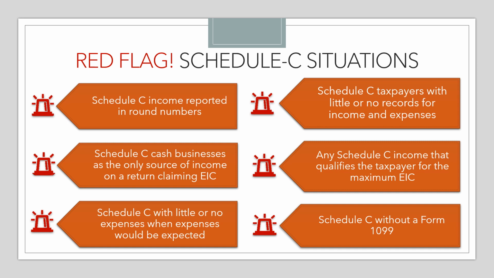Not necessarily that there's anything shady going on with that, but it's something you might want to ask a little more about: how this person keeps track of their income, if they're not getting that informational return that's going to help verify that the income came in.